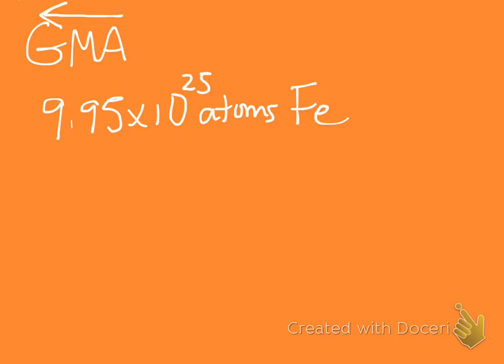Okay. I want to know what's the mass of this in grams. So if I hand you a chunk of 9.95 times 10 to the 25th atoms of iron, can you put this in your backpack? Do you need a pickup truck? Do you need a dump truck? Do you need a semi? How much iron are we talking about?